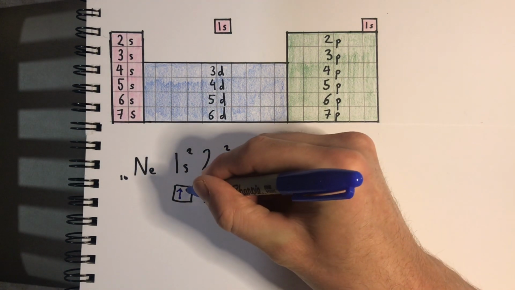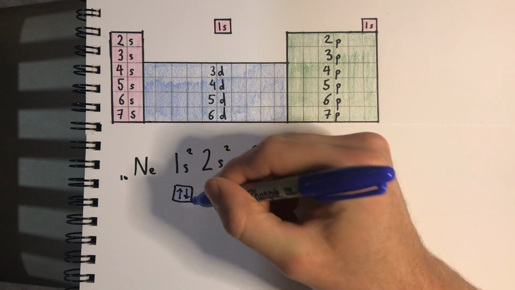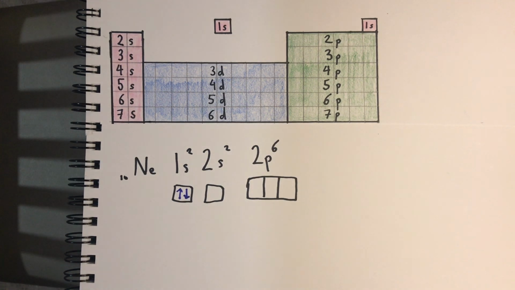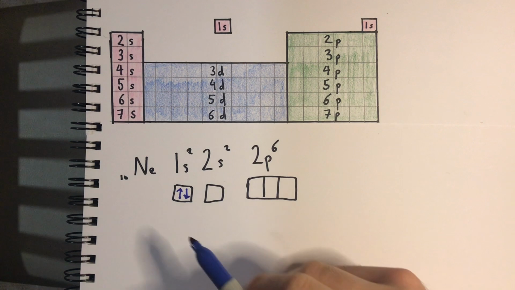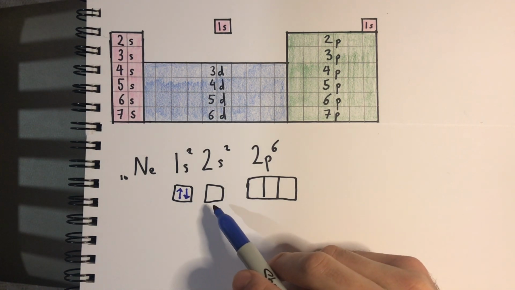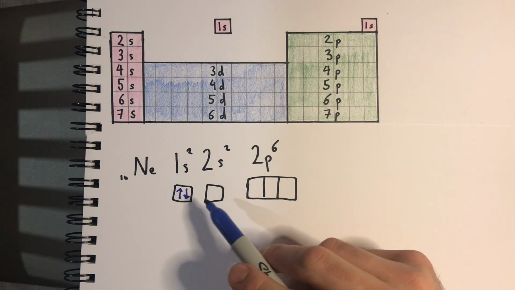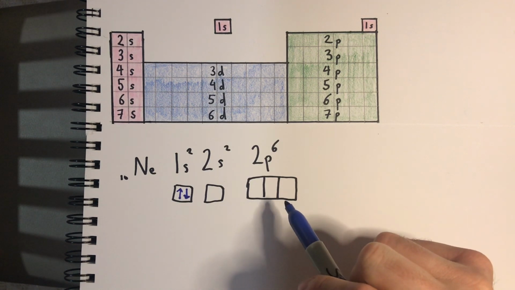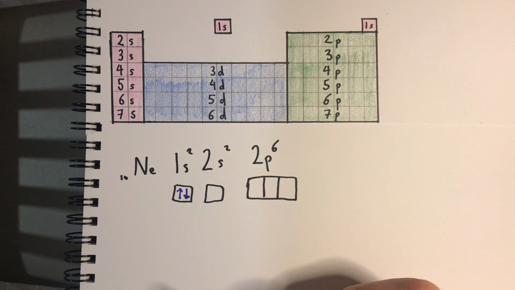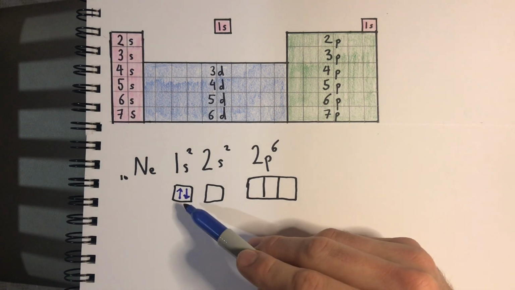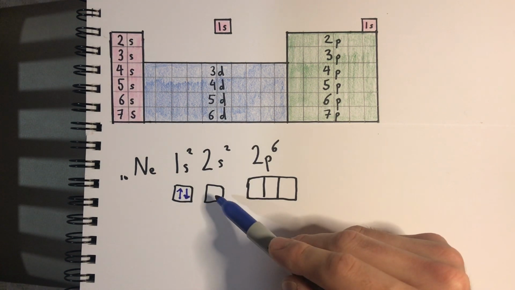Second electron you'll draw down. So think of it as electrons, same charge, spin opposite directions. Every orbital represented by these different boxes here, if they have 2 electrons inside of it, they will have opposite spins. You fill up the lower energy first before you can move on to a higher one.